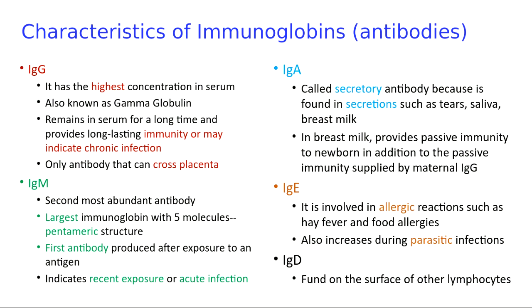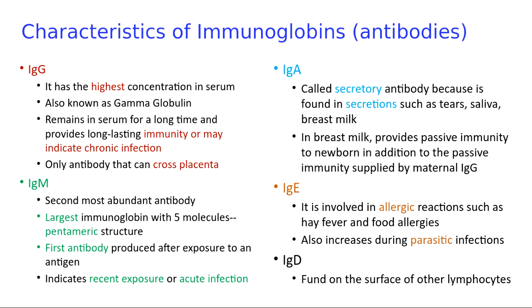Then we have IgA. IgA is also called secretory antibody because it can be found in different body fluids. It can be found in secretions such as tears, saliva, and breast milk. So mothers that are breastfeeding do give extra immunity to their newborns through this IgA.